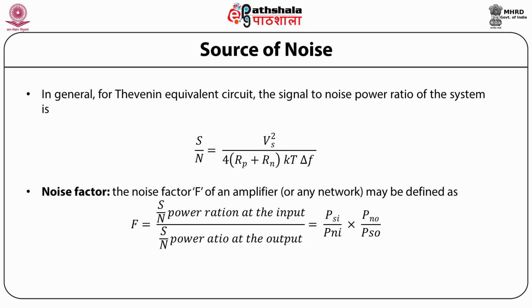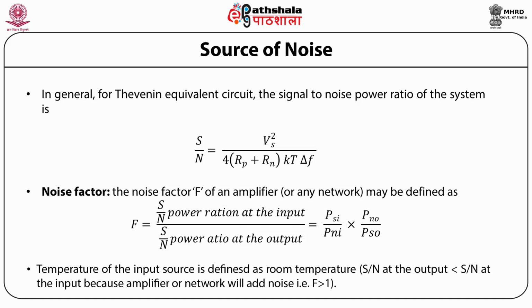That is, F is equal to PSI by PNI multiplied by PNO divided by PSO, where PSI is the signal power available at the input, PNI is the noise power available at the input, PSO is the signal power available at the output, and PNO is the noise power available at the output.